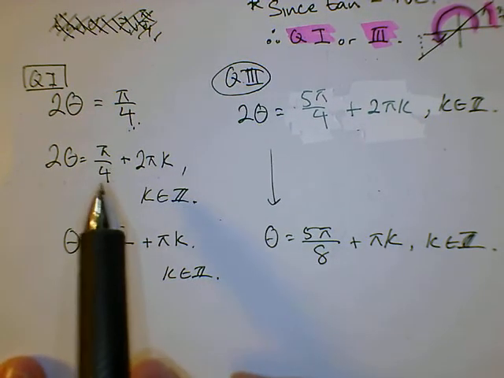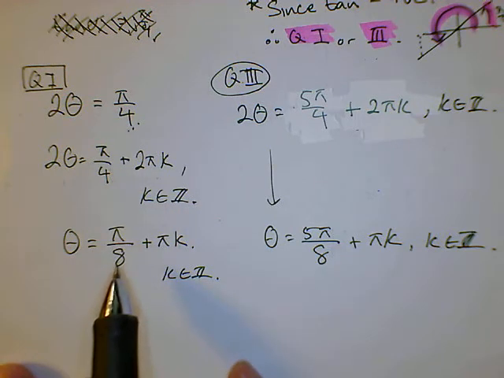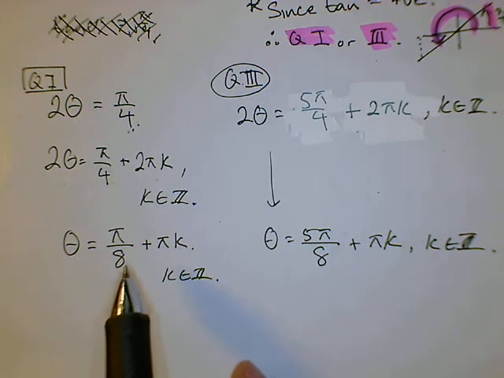So instead of every quote-unquote 45 degrees, I get something happening every 22.5 degrees, which makes sense from a transformation perspective.